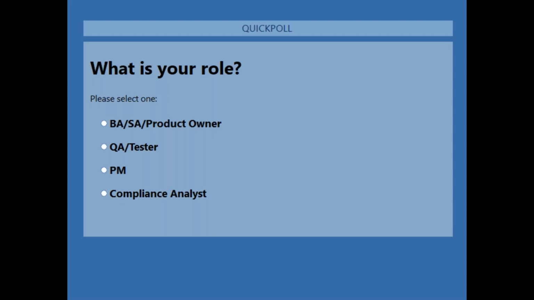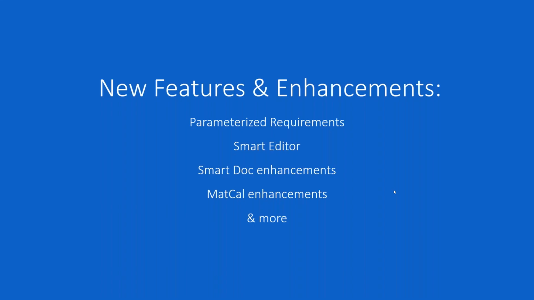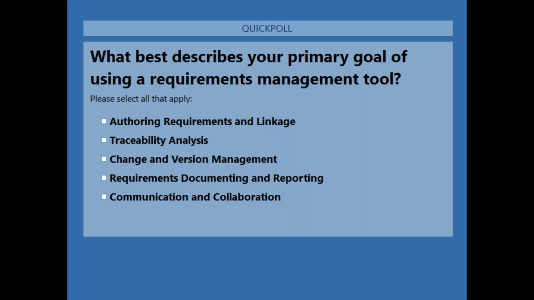We also have some QA, tester, PMs, and then compliance analyst. All right, next and final question. What best describes your primary goal of using requirements management tool? So we'll give everyone a few seconds to think about their answer.